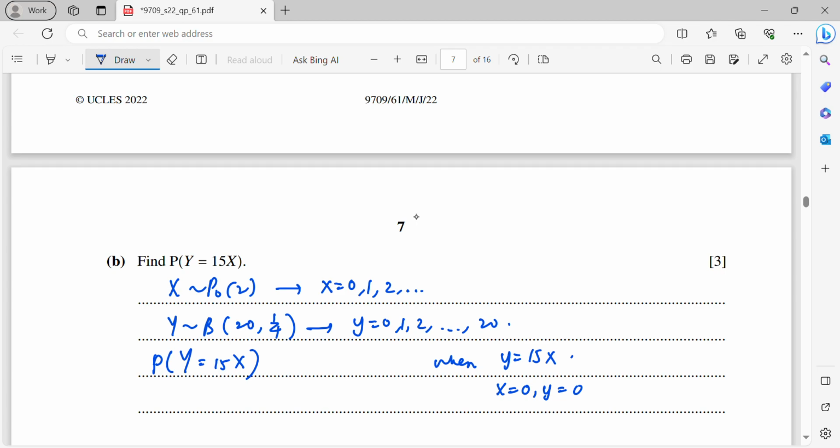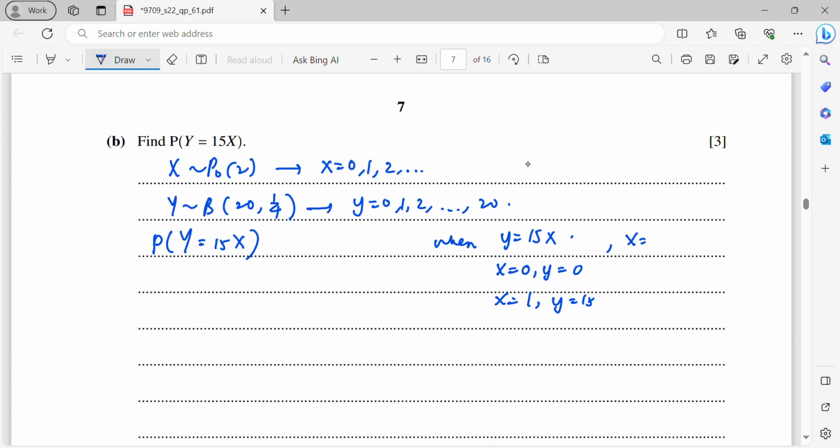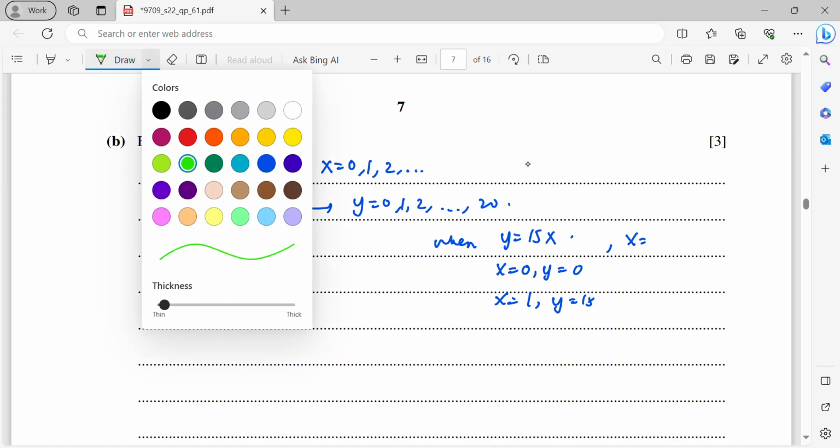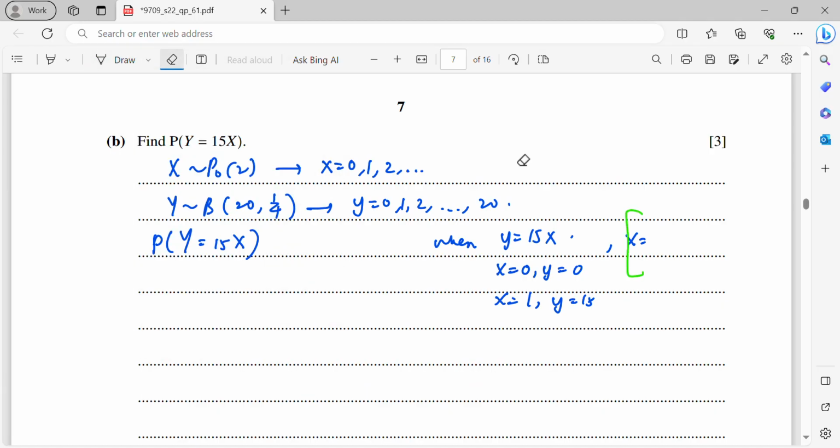Or when x equals 1, your y is 15. Just these two values, because if you check, when x equals 2, your y is going to be 30 already, but your y maximum is just up to 20. Therefore, we only have these two cases when y equals 15x.